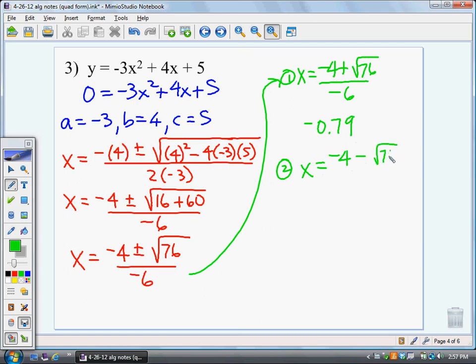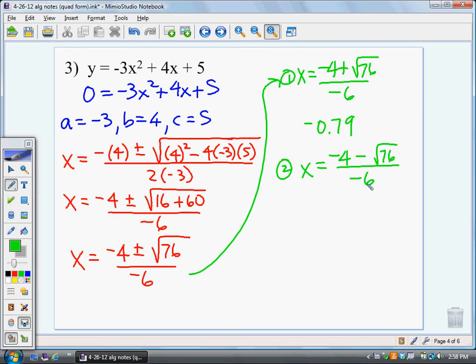And then the second thing, where we do negative 4 minus the square root of 76, and divide that by negative 6. This would be negative 4 minus the square root of 76, equals, and then divide that by negative 6.